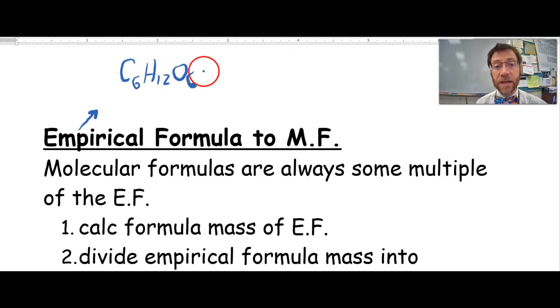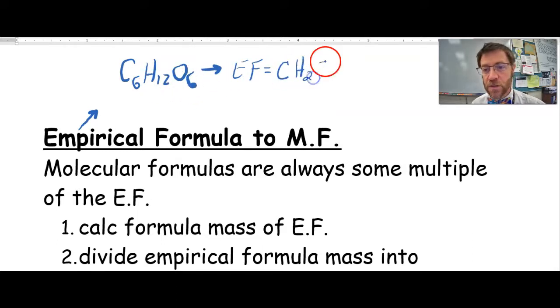This is the chemical formula, and the empirical formula is going to equal, but we've got to break this down as simple as we can. We've got to simplify. So if I divide everything by 6, I'll get CH2O. This is the empirical formula, the lowest ratio possible.